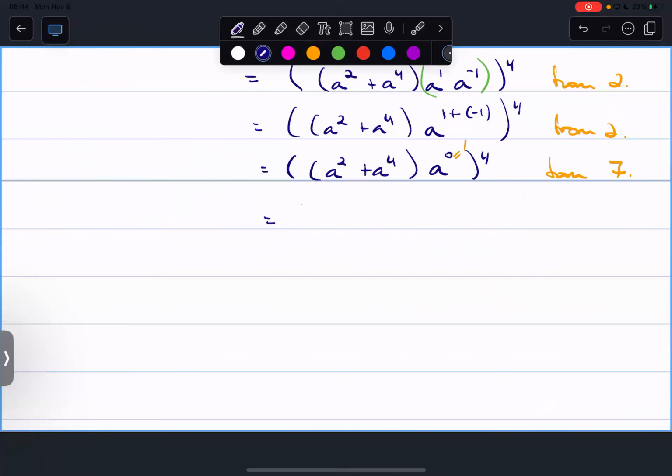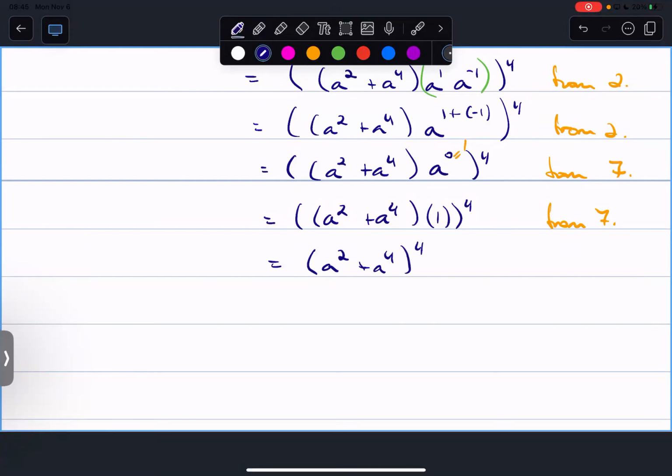So now I have a squared plus a to the 4 times 1, which I don't need to write anymore because I got sloppy and wrote it here. Fine. Now it's gone, it's canceled, but I still have a to the power of 2 plus a to the power of 4 to the power of 4.